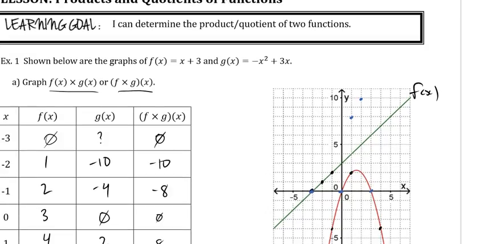Think algebraically about what we're doing. Anybody have any thoughts on this? I'll give you another hint.